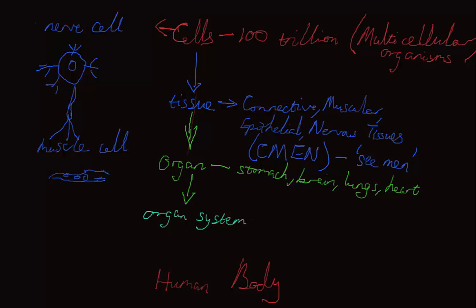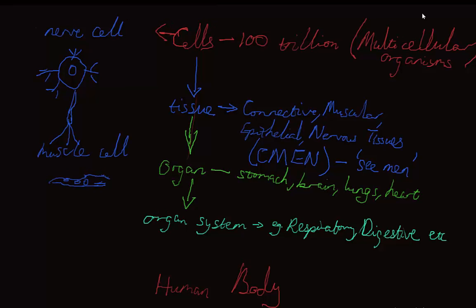So organ systems we can think of will be the respiratory system, digestive system, etc. In the next few seconds, we'll be outlining the other organ systems. In total, there are 12 organ systems.